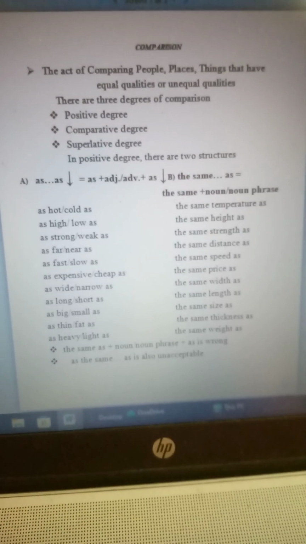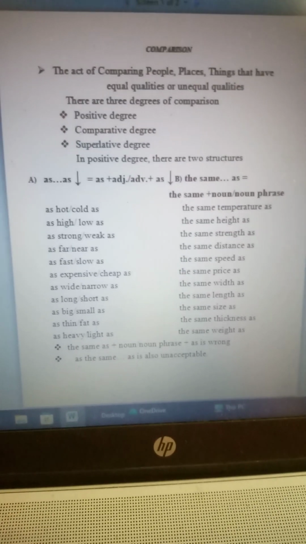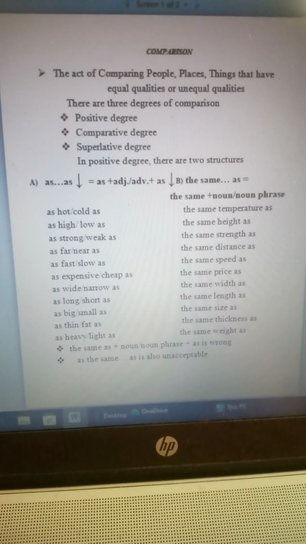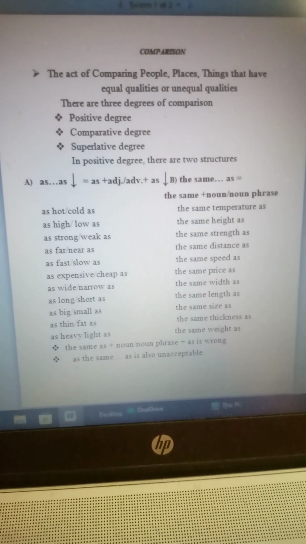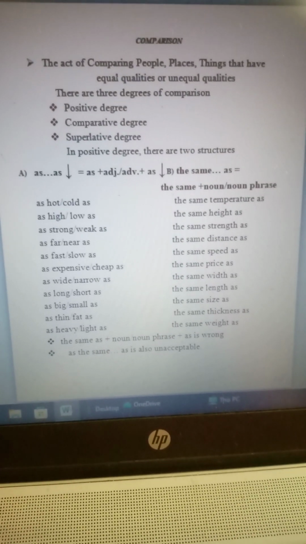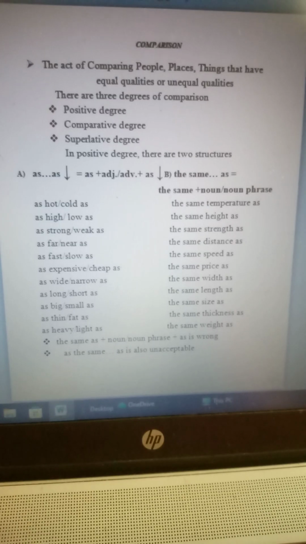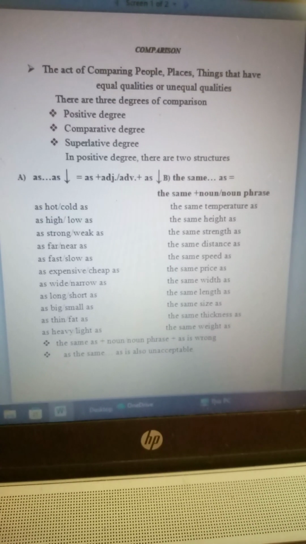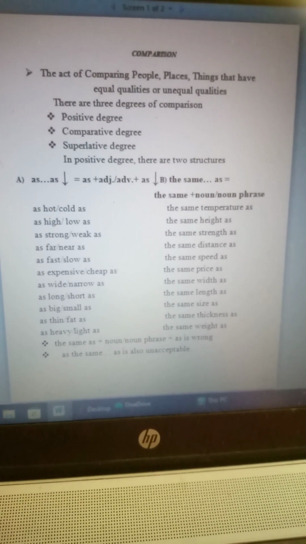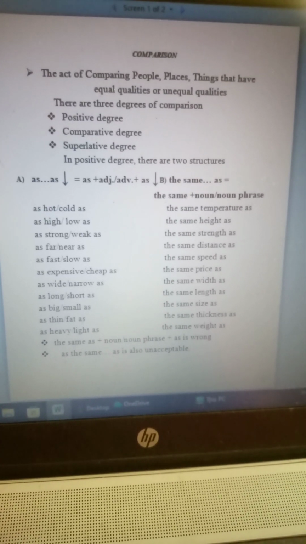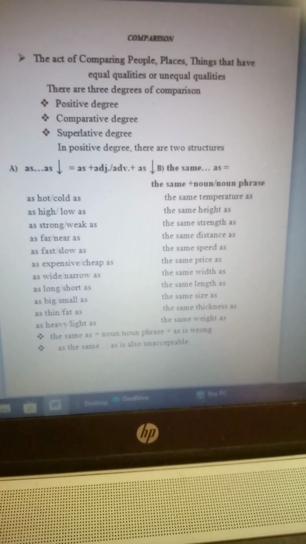Now, let's look at the positive degree. In the positive degree, there are 2 structures. The first structure is the as structure. The second structure is the same as structure.